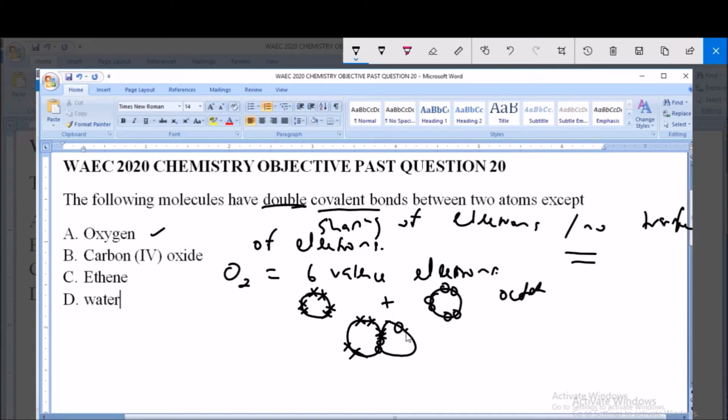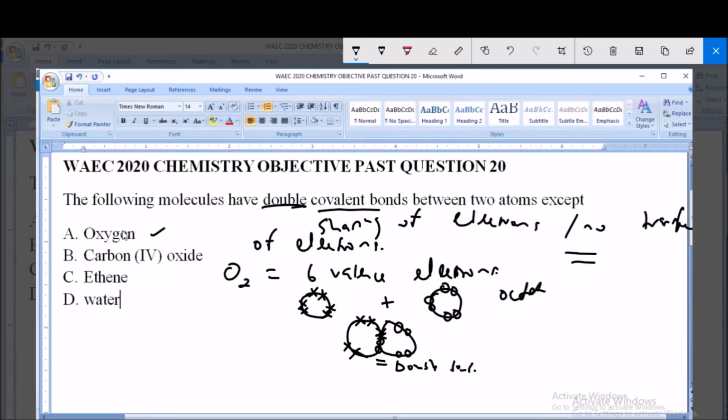So 1, 2, 3, 4. So what you have here is a double bond, because this particular one is sharing 2 electrons with this, and this also is sharing 2 electrons with this other atom. So you have a double bond.